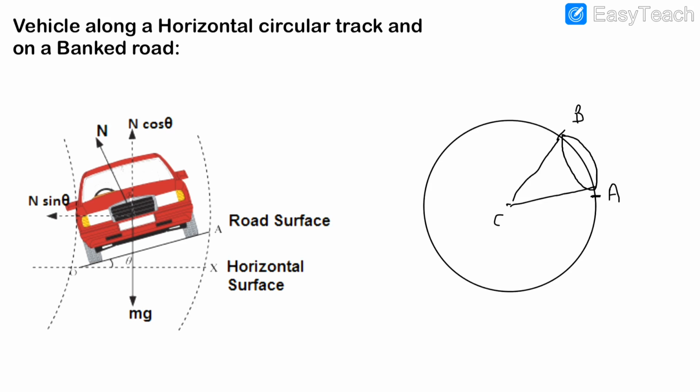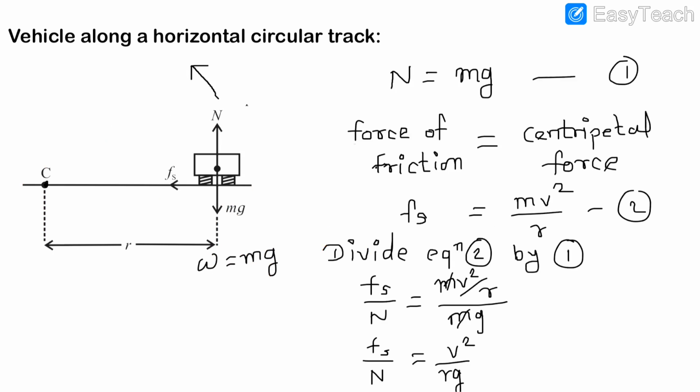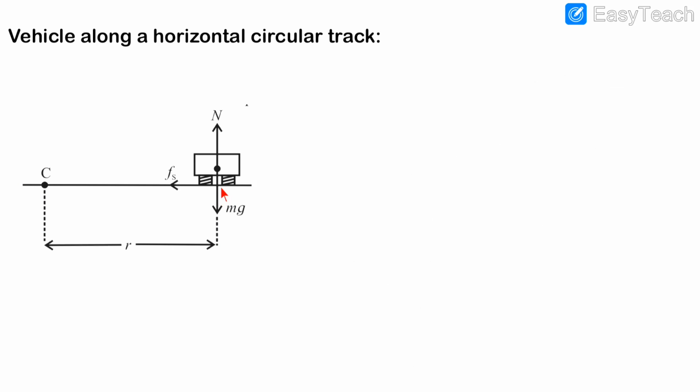Now, what is meant by centripetal force? The centripetal force is a force along the radius towards the center, and the frictional force is between the tires of the vehicle and the surface. Okay, now we are going to start the first application of uniform circular motion, that is, a vehicle along a horizontal circular path. In this figure there is a vehicle of weight mg.